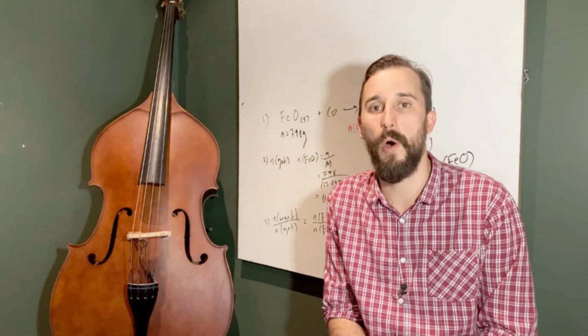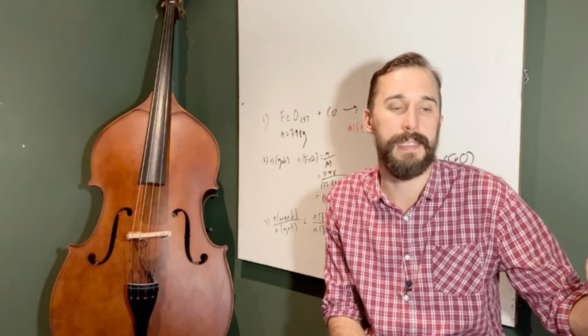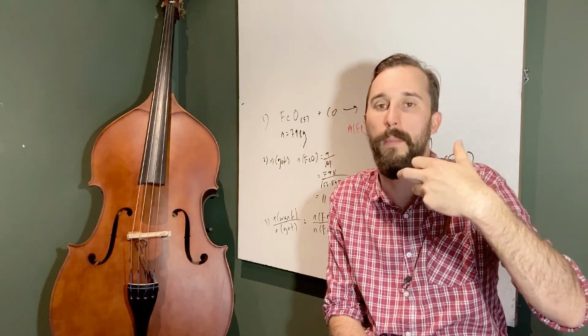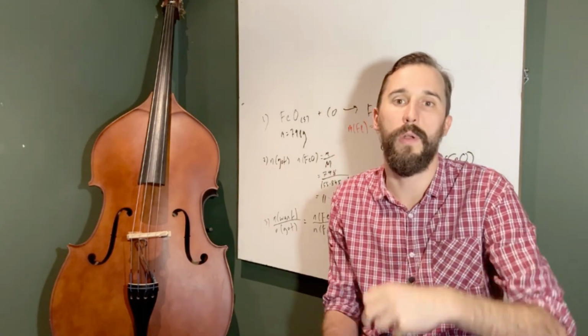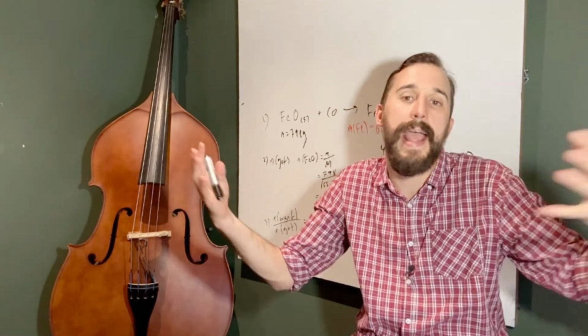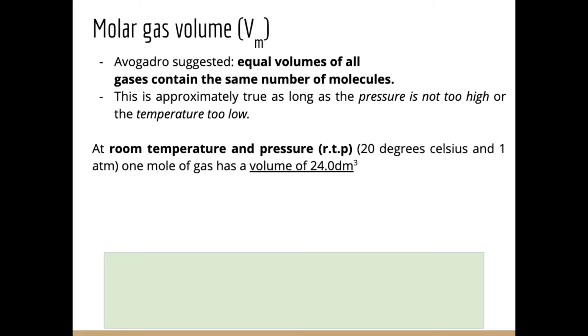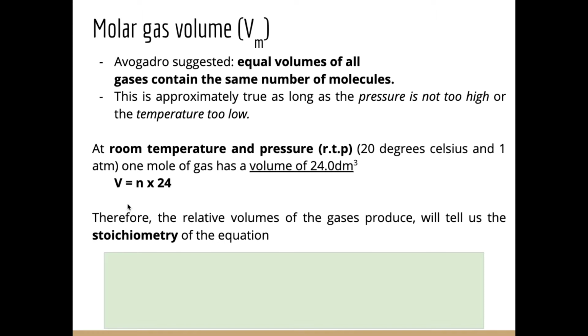So that means 1 mole of carbon dioxide gas, 1 mole of ammonia gas, 1 mole of ozone gas, 1 mole of any gas that you can think of at this temperature and pressure will take up 24.0 decimeters cubed of volume. So we can have an equation here where volume is equal to the number of moles times by 24. Therefore, the relative volumes of the gases produced will tell us the stoichiometry of the equation.